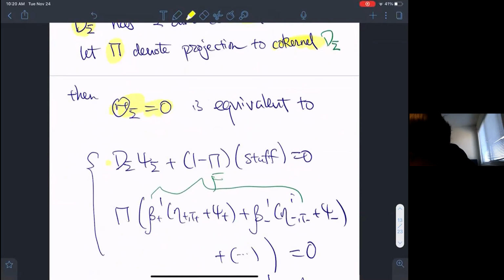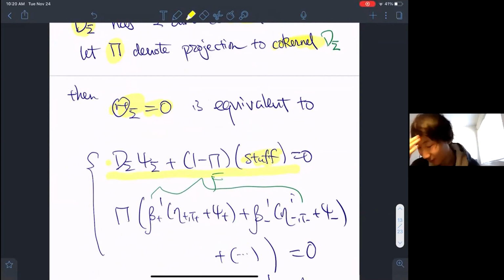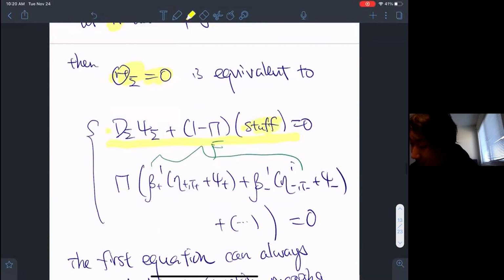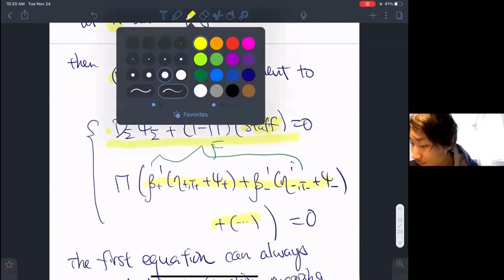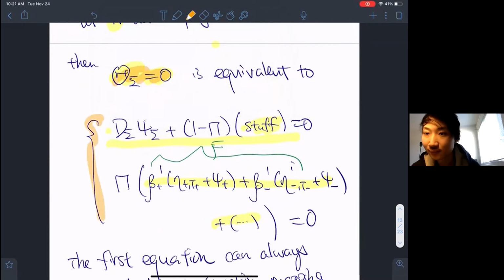I'm going to project away all the other terms that are not in the co-kernel in the theta sigma equation, and set this equal to 0. And I'm going to say, well, the stuff I projected away should also be equal to 0. Then the information inside theta sigma should be equivalent to being able to solve these 2 equations.